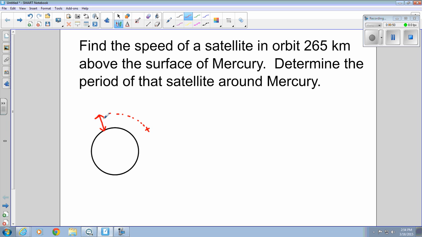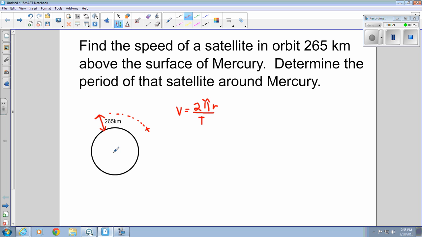So in order to determine the speed, we would need the period, because velocity, the orbital or tangential speed, is equal to 2 pi r over T, where r is the radius of spin.